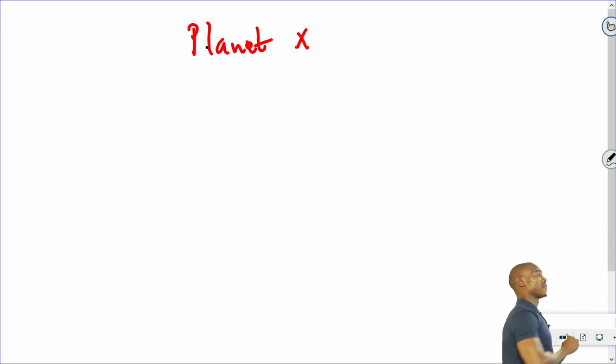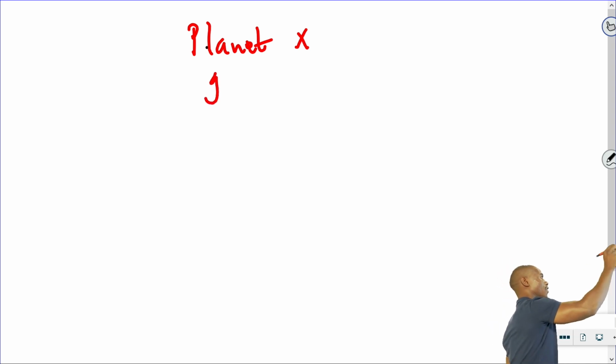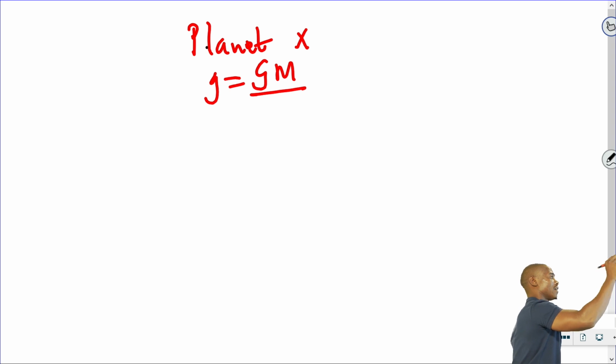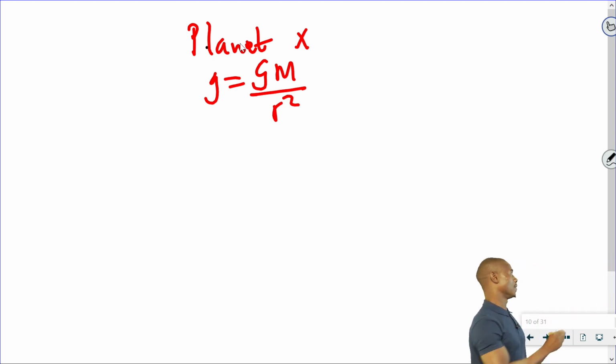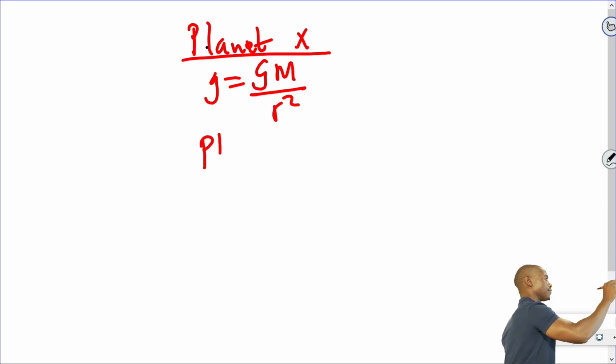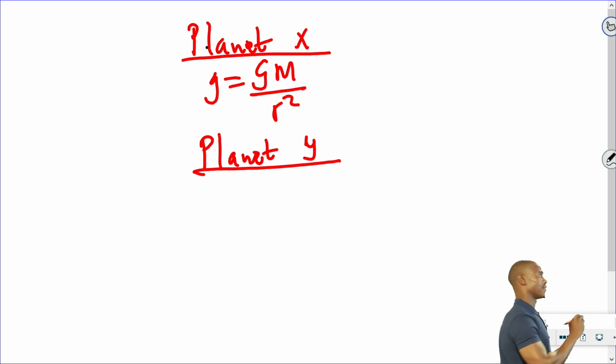So let's look at planet X. Okay, so planet X, g equals GM over, let me use small letter r, over r squared. That is planet X. Then planet Y, all right?